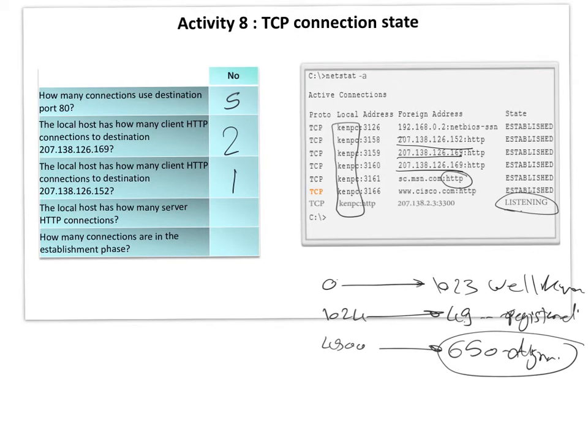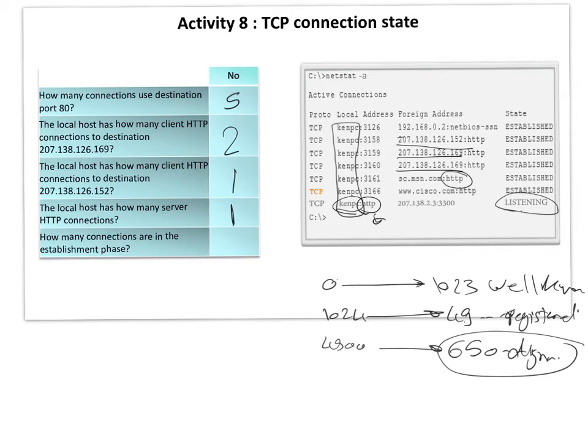The local host has how many server HTTP connections? 1. Just one. Which one? The last one, right? So here, the source port is port 80. In which case, this machine is opening a server socket, okay, on port 80. Okay, so this is 1.